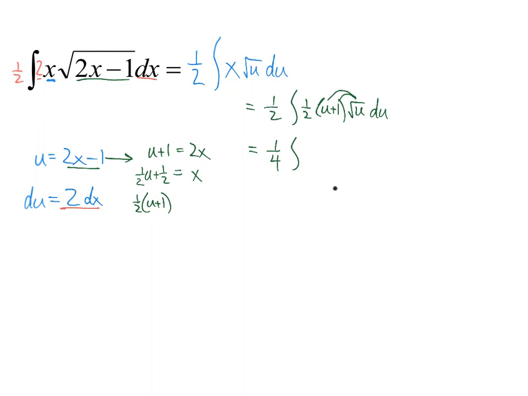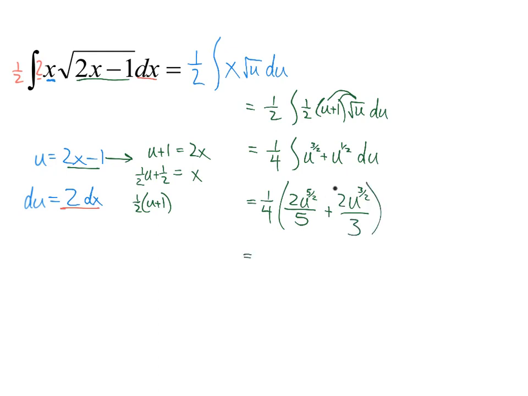Alright, so u times radical u is u to the 1.5 power plus the radical u. And now we have stuff we're able to use that power rule for. So I've got a 1/4. It's going to be u to the 5/2 times 2/5 plus u to the 3/2 times a 2/3.